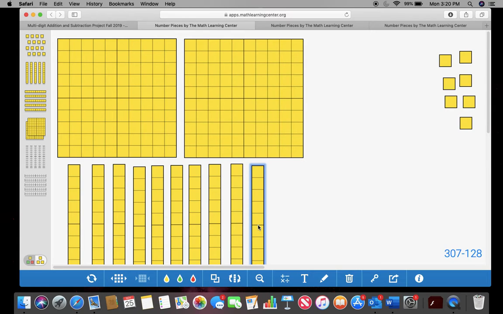The student will then break one of the 10 rods into 10 unit blocks.